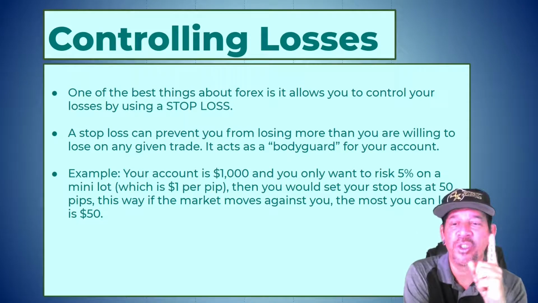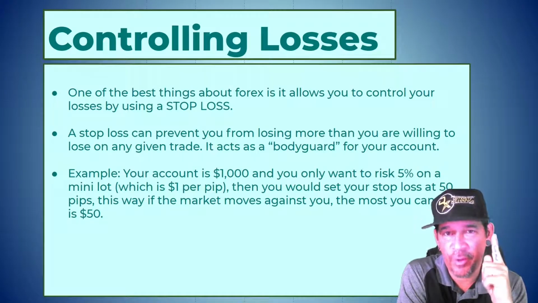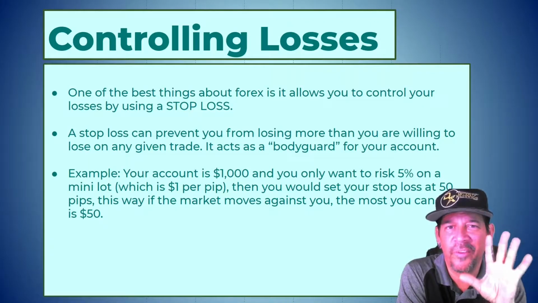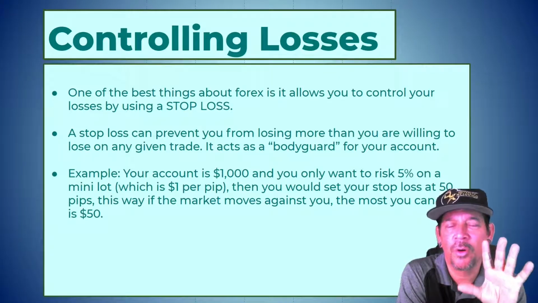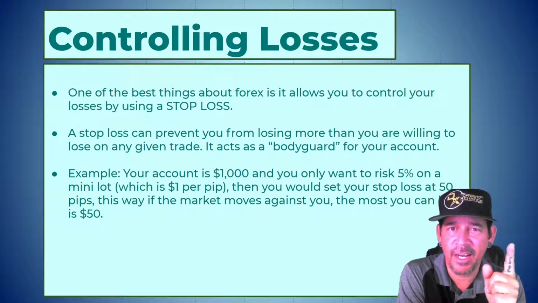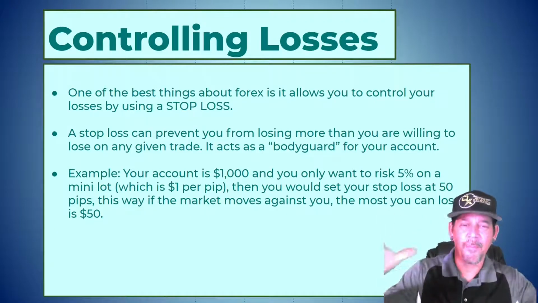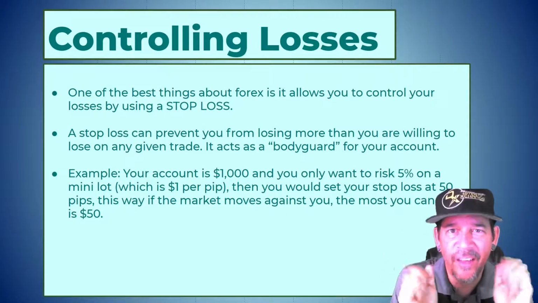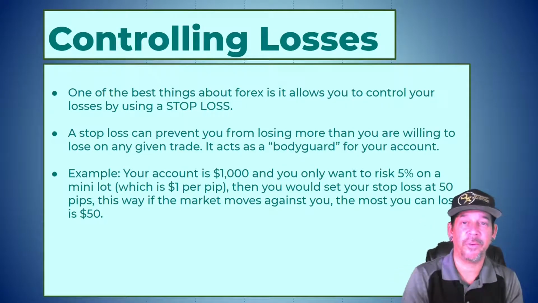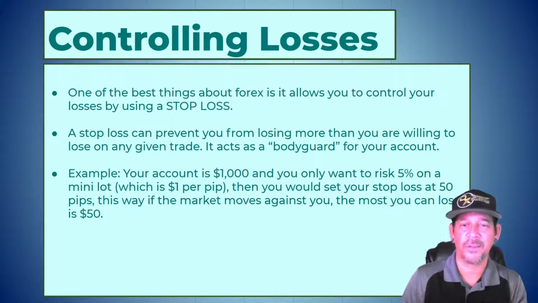So if you place one trade, you don't want to risk more than 5% total of your account. If you place 5 trades, each trade combined should only be 5%. Not each trade should be 5%. Combined, you should be risking 5% of your total account.